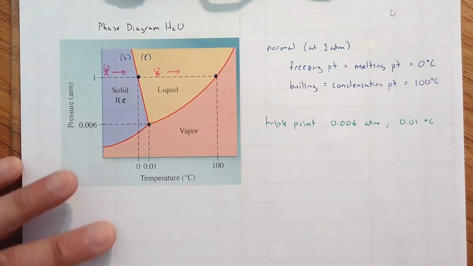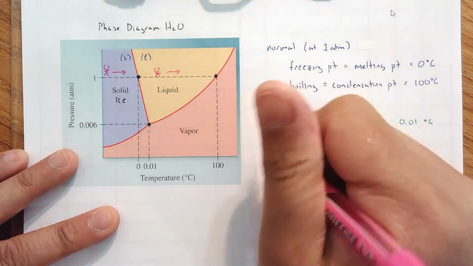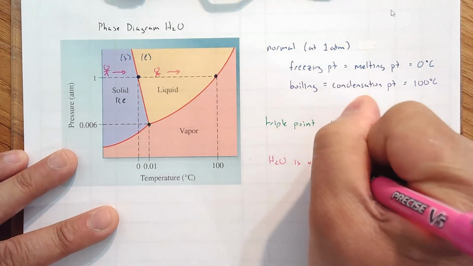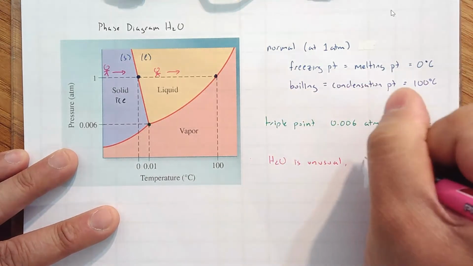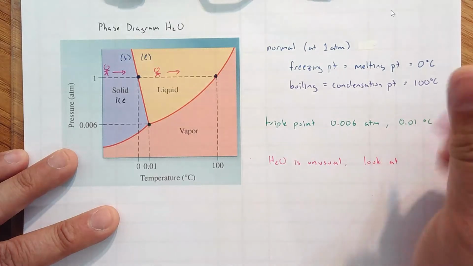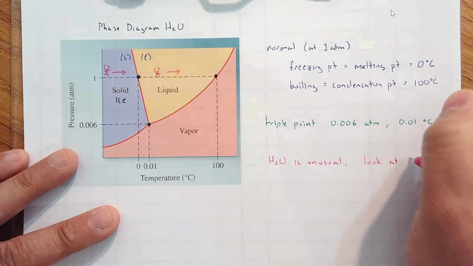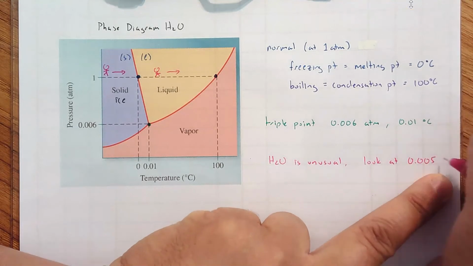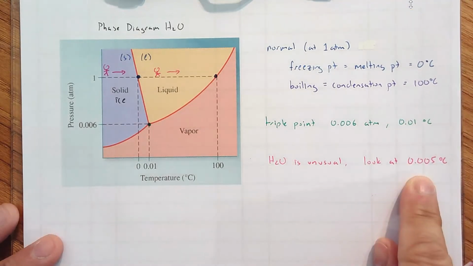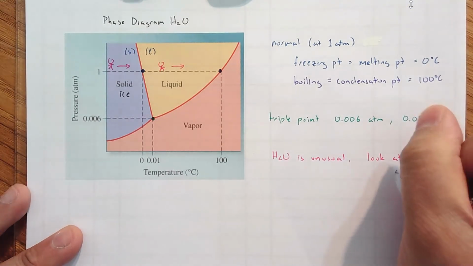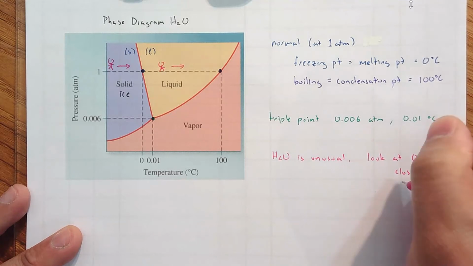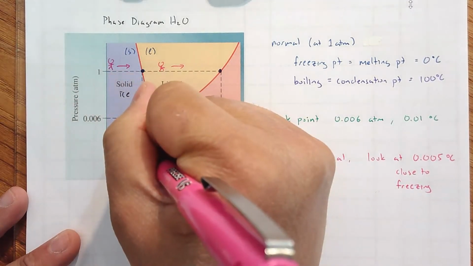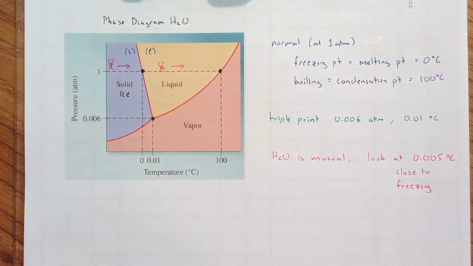Next, this is what makes water unusual. Let's look at 0.005 degrees C, very close to freezing. That is in between these two numbers here.